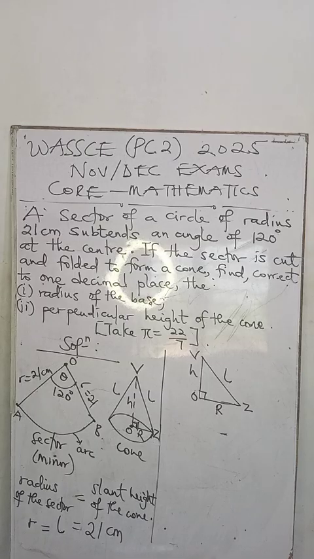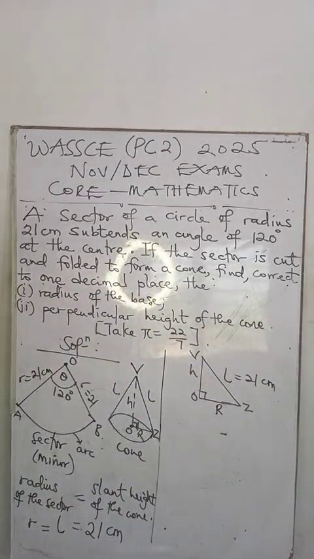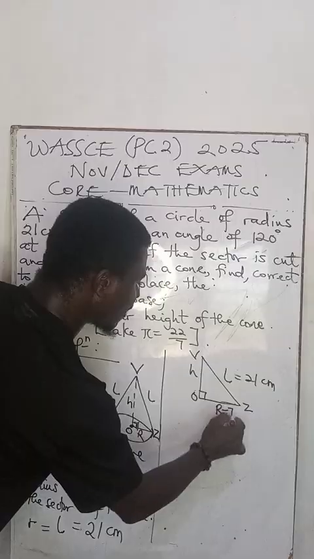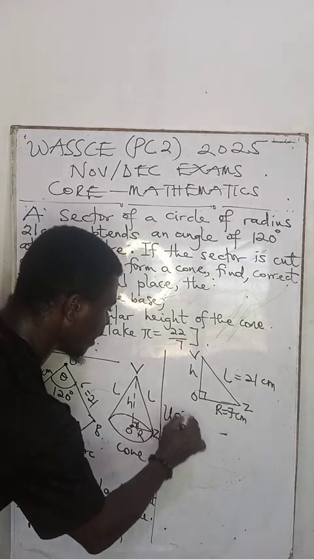Now, don't forget that we know the slant height of the cone. The radius of the minor sector is the same thing as the slant height of the cone, which is 21 centimeters. Capital R, which is the base radius, we had 7 centimeters. And now we want to find H. When you check this right angle triangle, if you want to find H, you can just apply the Pythagoras theorem.